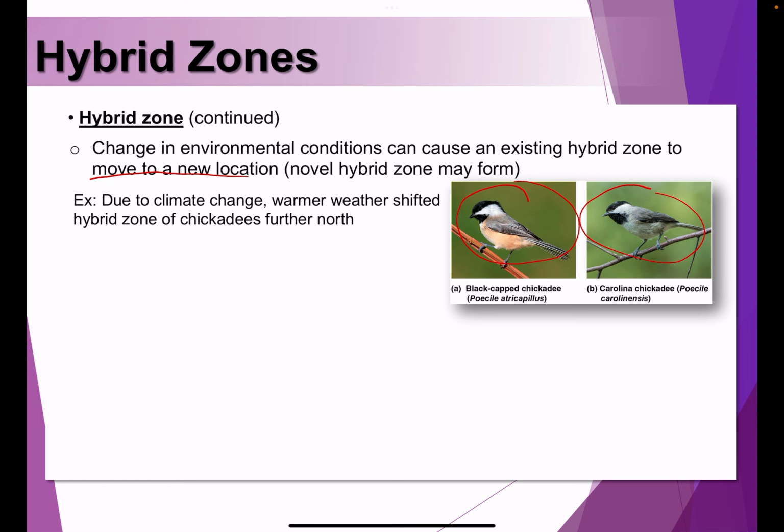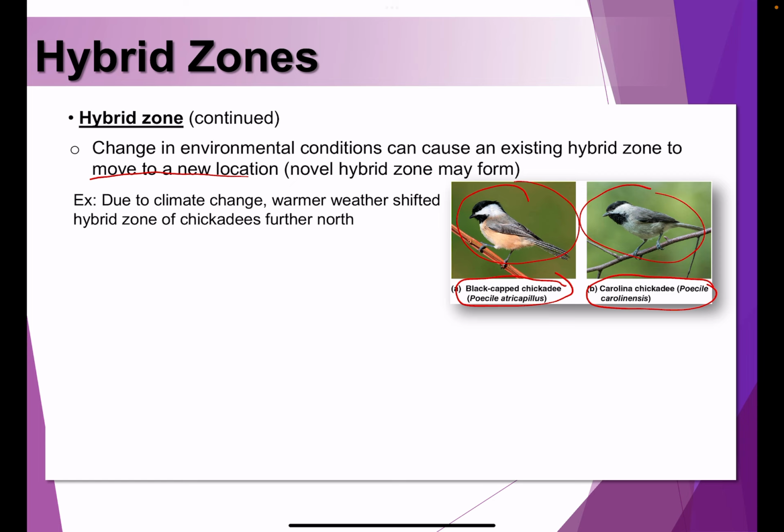So this particular one is the black-capped chickadee, and this particular one is a Carolina chickadee, and they do interbreed in a hybrid zone that runs from Kansas to New Jersey. But in Pennsylvania, the center of this hybrid zone has moved about 12 kilometers north from 2002 to 2012.